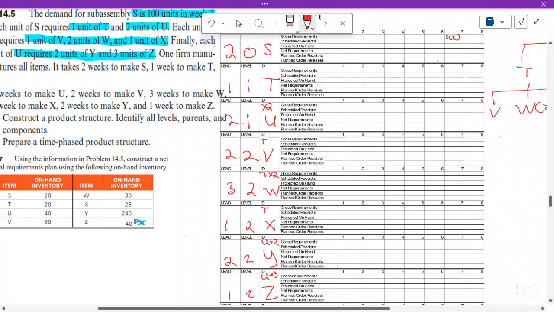S is 20. T is 20. U is 40. V is 30. W is 30.